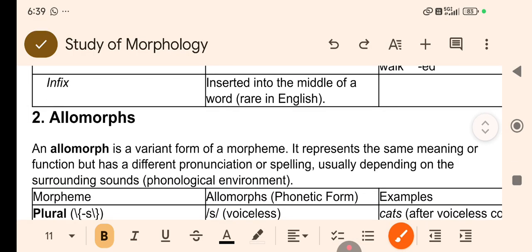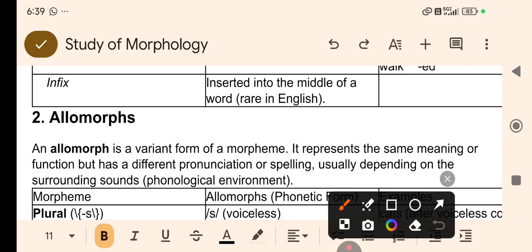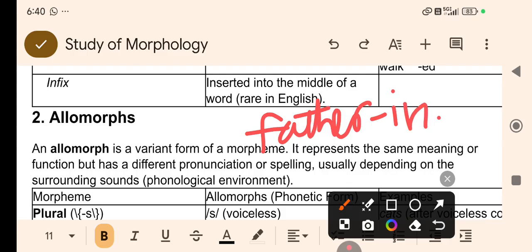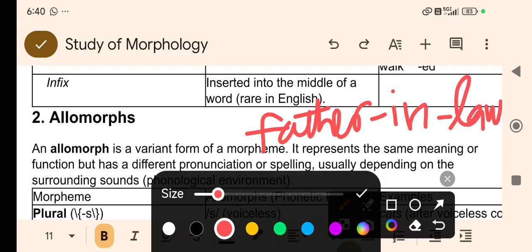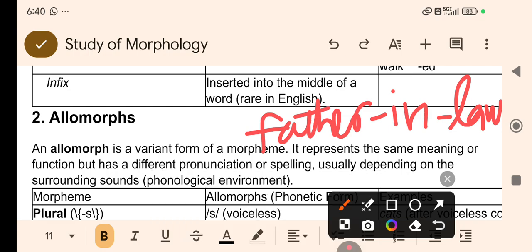Now, an infix is inserted into the middle of a word. For example, father-in-law, right? Here this is the infix.